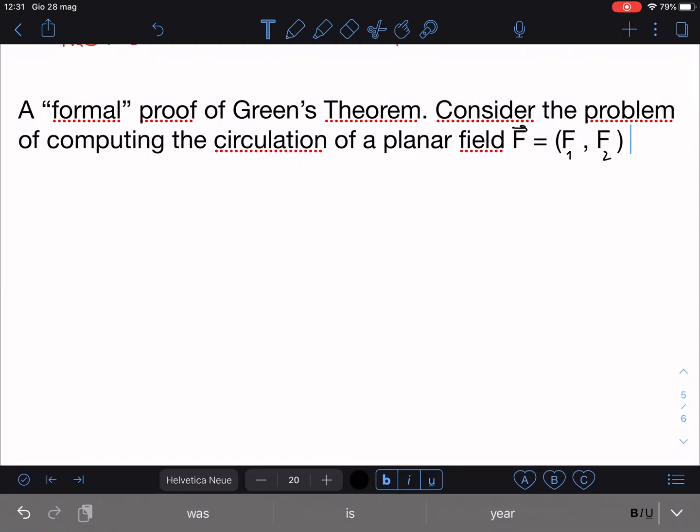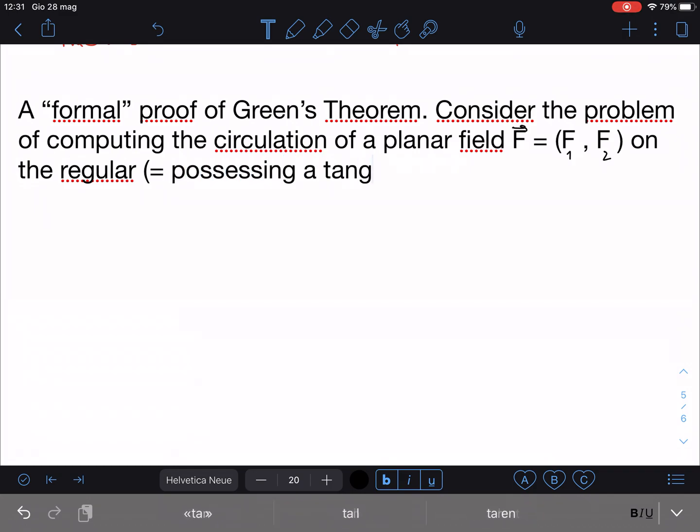Okay, the circulation of a planar field on a regular circuit. Remember, regular means that it possesses a tangent vector at every point. This is regular for us.